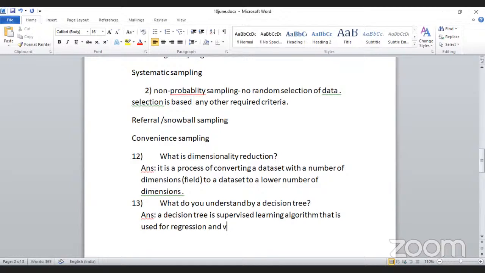If it is regression and classification, then the dependent variable can be both numerical or categorical.